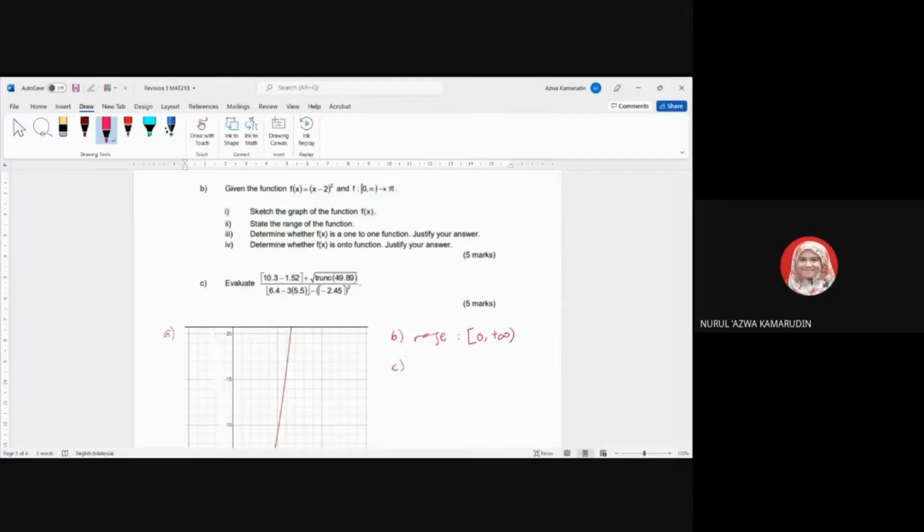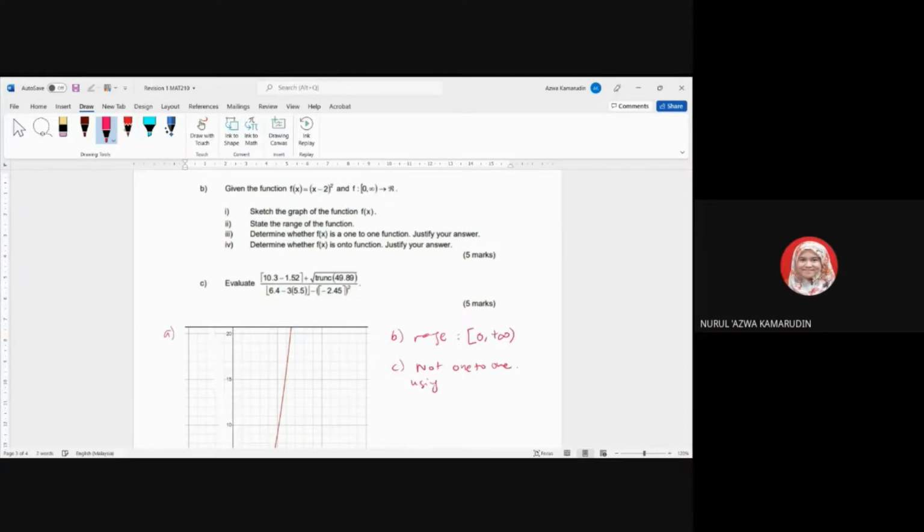So this is actually not one-to-one. There are two reasons you can justify. One, you say there is one image for only one object, but here it isn't.